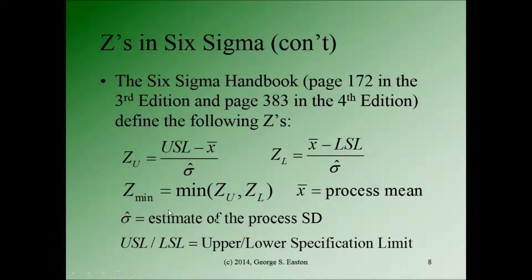The Six Sigma handbook then defines Z_min to be the minimum value of Z_upper and Z_lower. Again here, x-bar is the process mean, and sigma-hat is an estimate of the process standard deviation, and the acronyms USL and LSL stand for the upper specification limit and the lower specification limit, respectively.